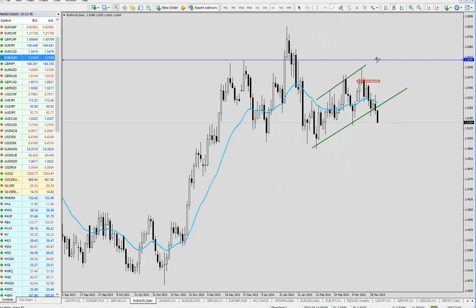So we can draw some kind of bullish channel which has been broken to the downside. So using some imagination, we have a bear flag. And actually at the start of the day, during the Tokyo session, there was a good selling opportunity.